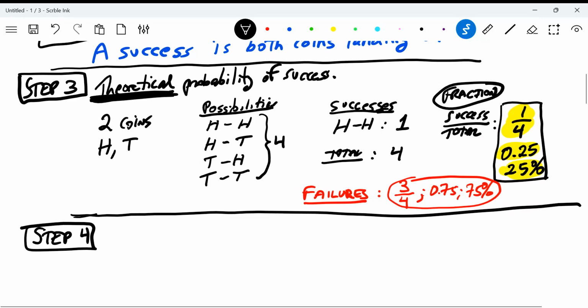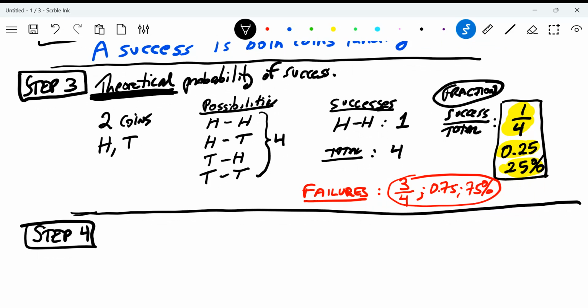So here what we're going to do is define a random variable.